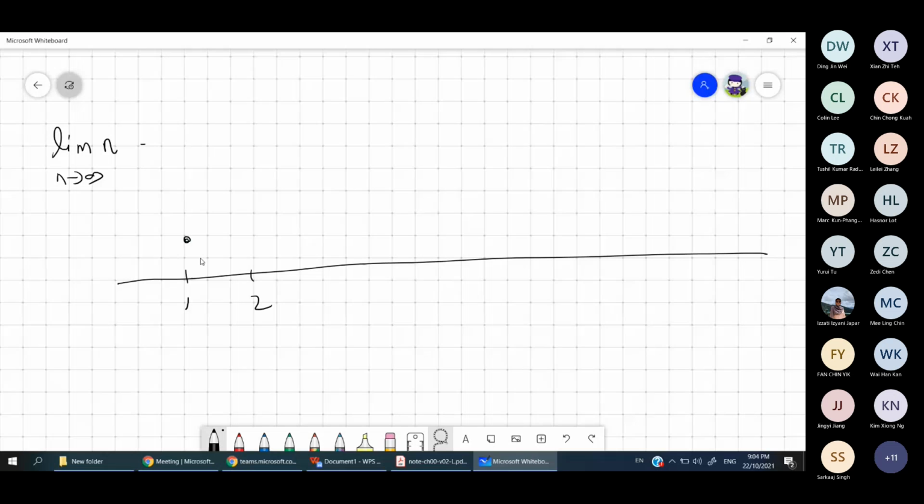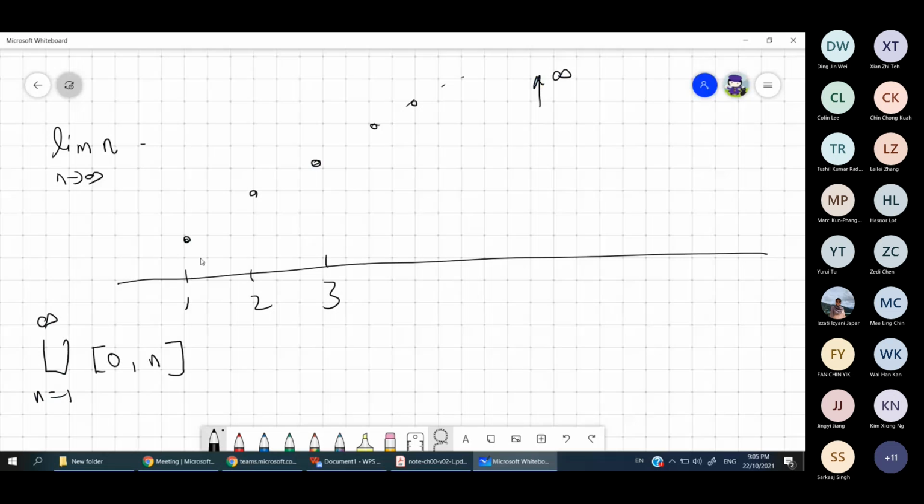When 2, 2. When 3, 3. So you can see this bit will blow up to infinity. And infinity is not a number, so we are not going to include it.